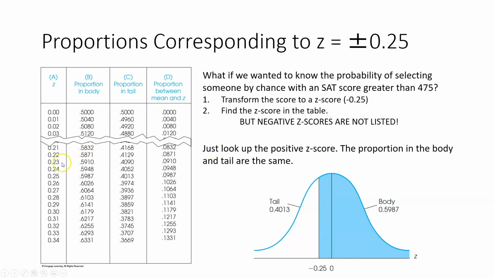You just look up the positive Z-score, and the proportions in the body and tail are still accurately represented by the table values. So even if you're looking for a Z-score of negative 0.25, come over to the Z-score that's positive 0.25, and you'll see that the correct portion in the body and the tail are still listed. So here, the proportion in the body is just reversed of what it was in the last problem. It's 59% here, and it's 40% here.